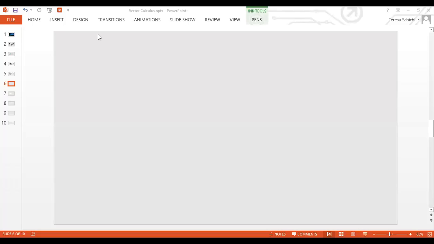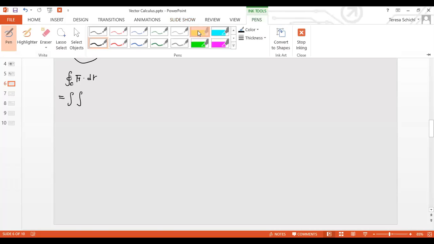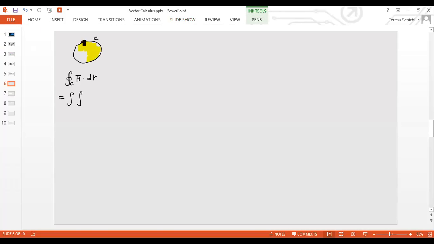From our previous video, we started to introduce Green's theorem. If you have a simple closed curve C, and you want to integrate a field F(x, y) along the curve, Green's theorem says you can change that to something we are familiar with, an integral over the area under it.